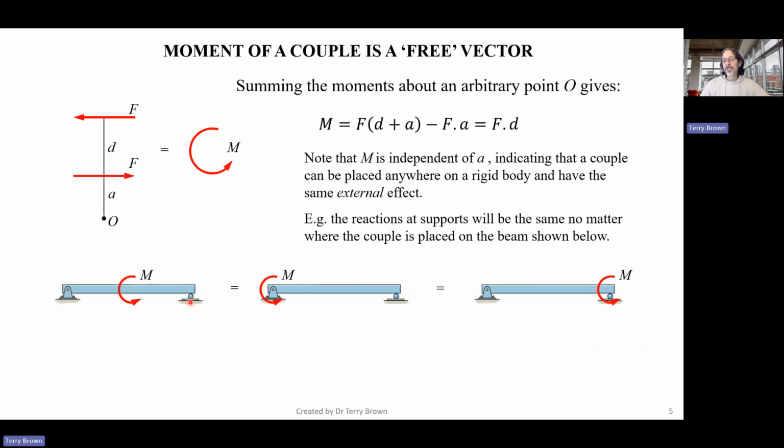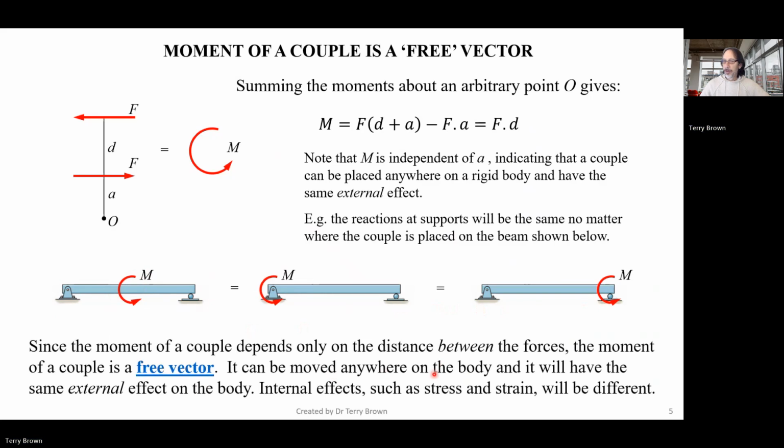So for this to be in equilibrium, the force here at the pin joint and the force at the roller here must be equal and opposite. The magnitude of those forces will be determined by the magnitude of the moment and the distance between the supports. Hopefully you can see that you'll get the same result in all three cases. So that's what we mean by external effect.